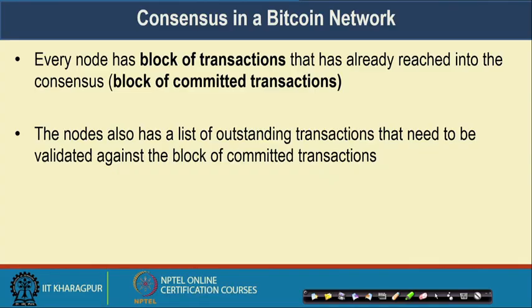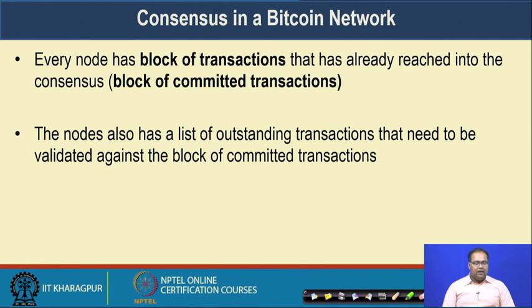Now, in case of the Bitcoin network, every node has a block of transactions that has already reached consensus. So, these are the blocks of committed transactions, which are stored in the form of a blockchain. And every node also has a list of outstanding transactions that need to be validated against the existing transactions in the block, that means the existing blockchain.